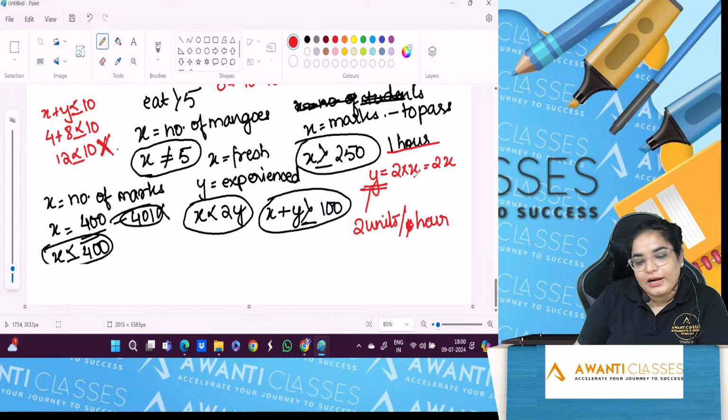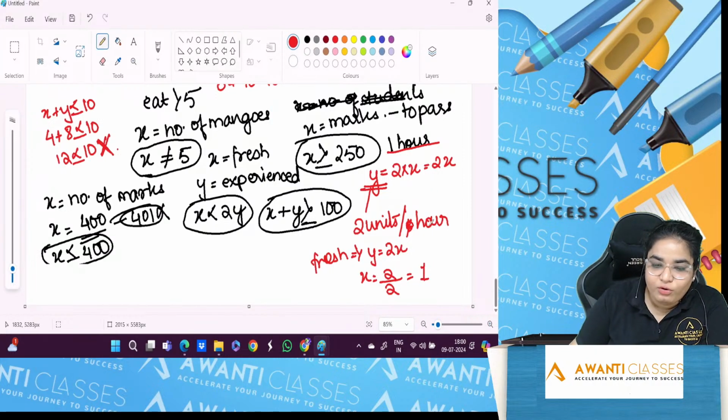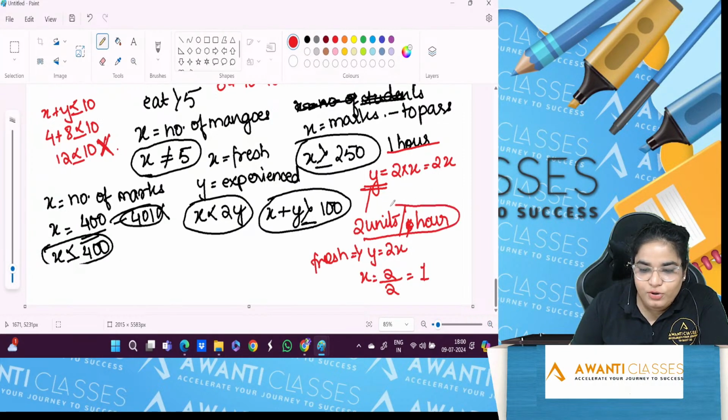That means if y is producing 2, then x is 1, which means if per 1 hour y is producing 2 units, fresh workers x are producing 1 unit.